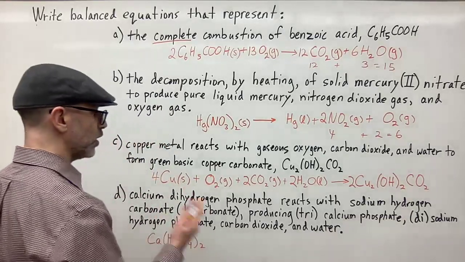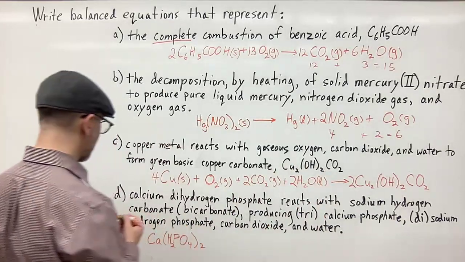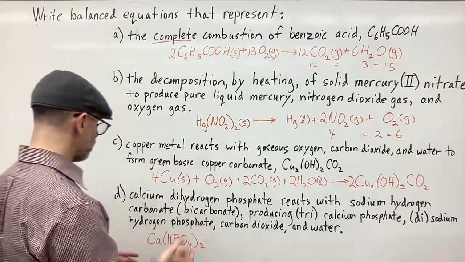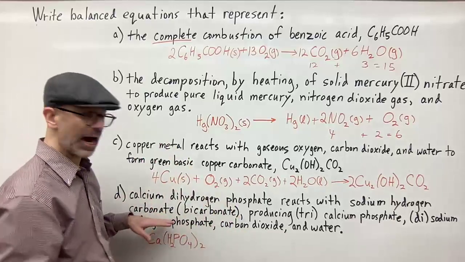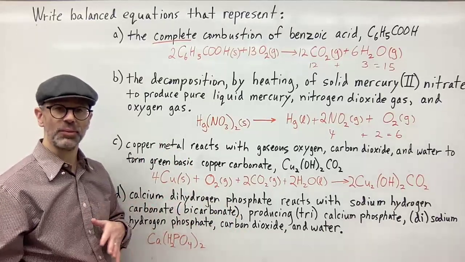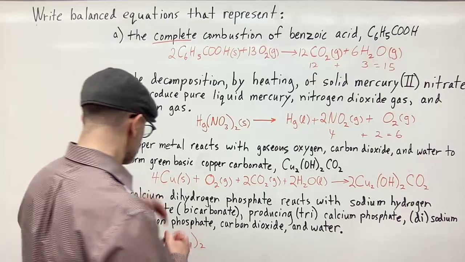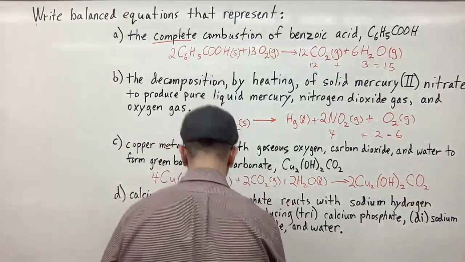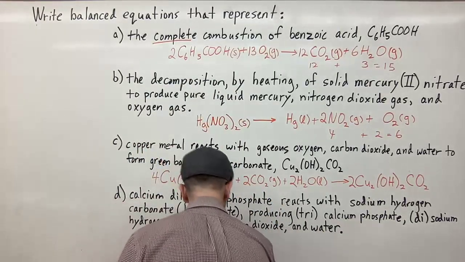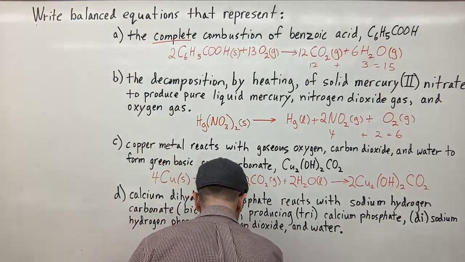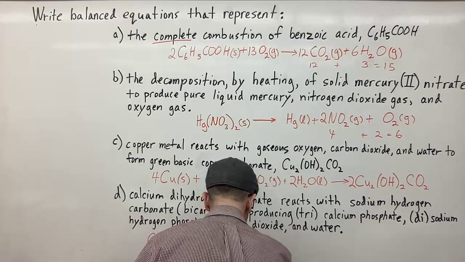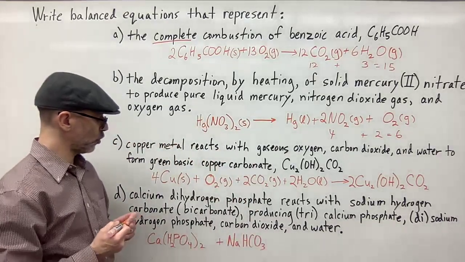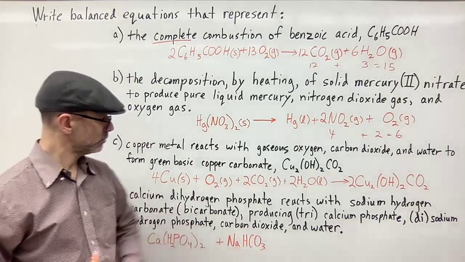Okay, that's going to react with sodium hydrogen carbonate, or sodium bicarbonate. Hydrogen carbonate and bicarbonate are the same thing. That's going to be NaHCO3. So that's the formula for sodium hydrogen carbonate.